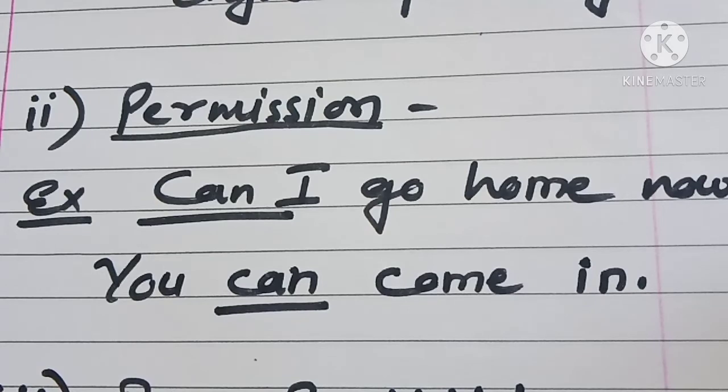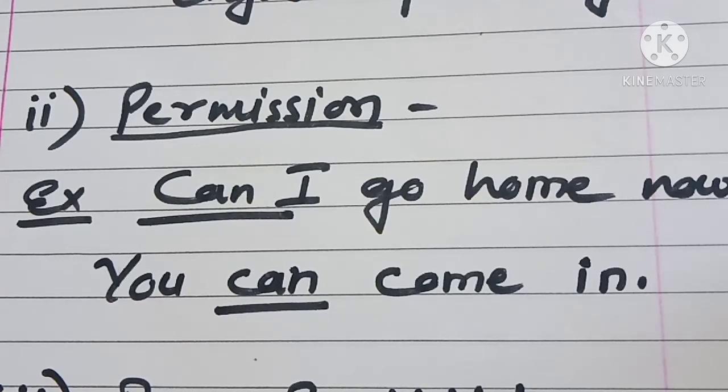Can expresses permission in a very informal manner, like when you are taking permission from your friend or from your siblings, brothers and sisters. You are not formal with them. So when you are seeking or granting permission in an informal manner, you can use can.